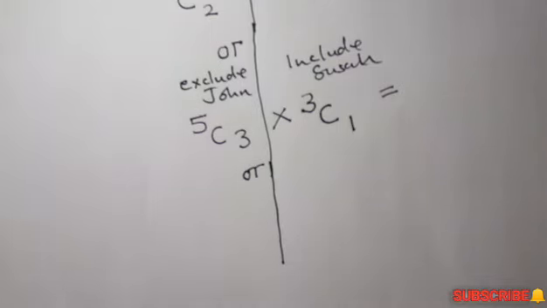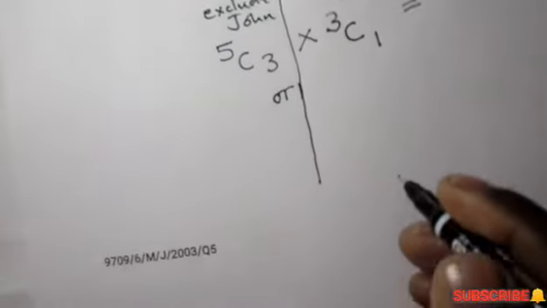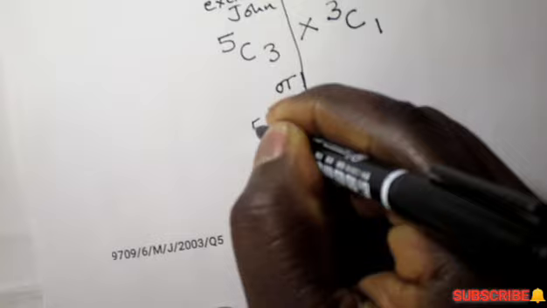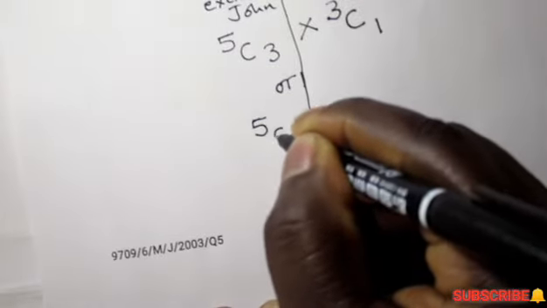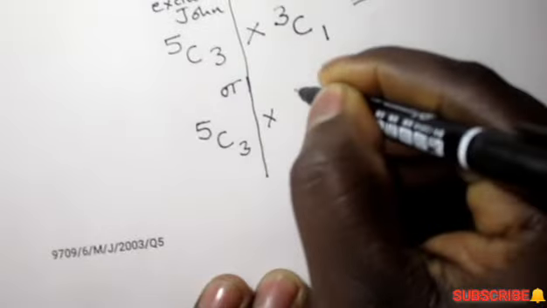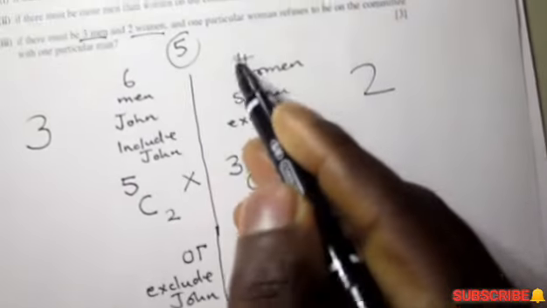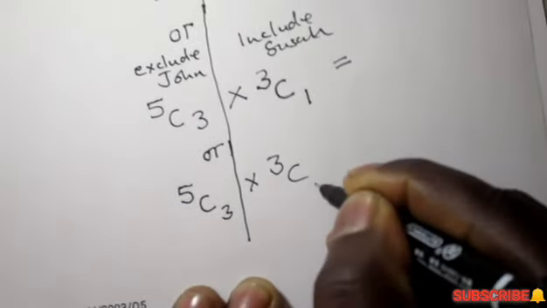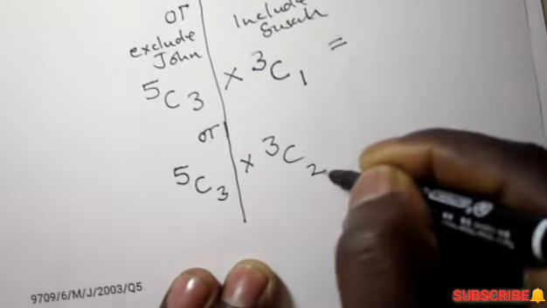Because if we exclude both, there is no way they are going to work together. I hope you are listening, class. Right. So, excluding John, it's 5 combination of 3. Excluding Susan, we less 4 minus 1 to get 3. Then we choose 2 ladies from the 3.